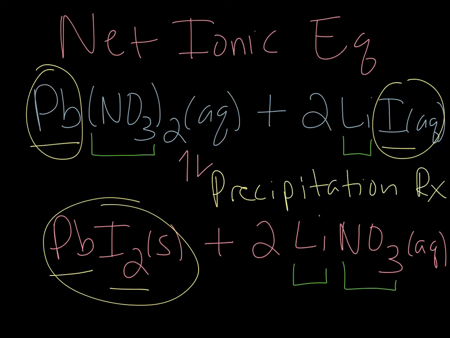Precipitation reaction. To really see what looks different and what looks the same, we're going to write all of the components out in their aqueous ionic form, so what they really look like dissociated in solution.